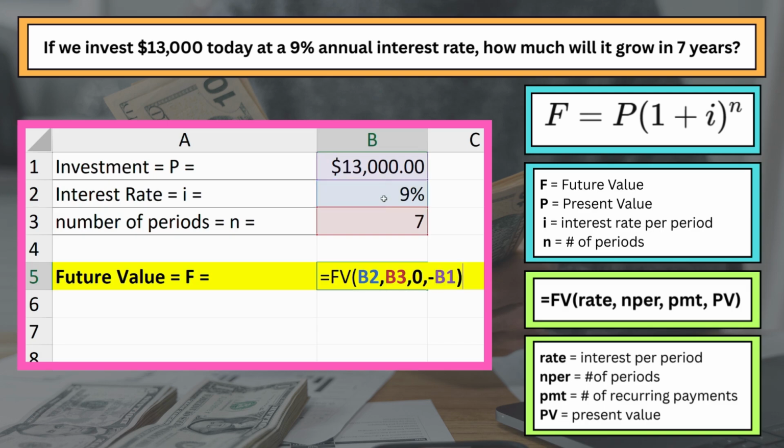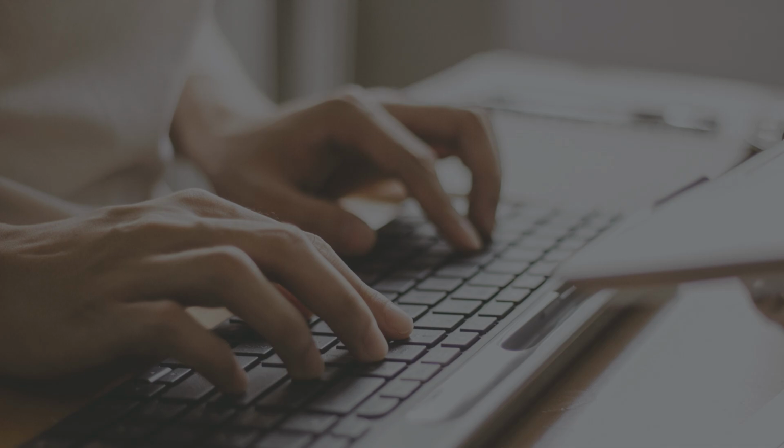Pmt equals recurring payments, which is 0 since this is a single deposit. And pv equals the present value of $13,000, written as a negative number because it's money we're giving up today. When done correctly, we should have a resulting future value of $23,764.51. It's that easy.